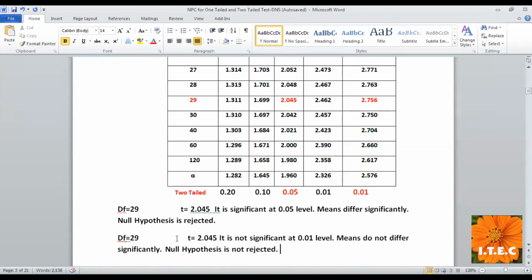Now listen carefully. In reality, the null hypothesis should be rejected, but the researcher decides not to reject it, is called type 2 error. I repeat, in reality, the null hypothesis should be rejected, but the researcher decides not to reject it, is called type 2 error.